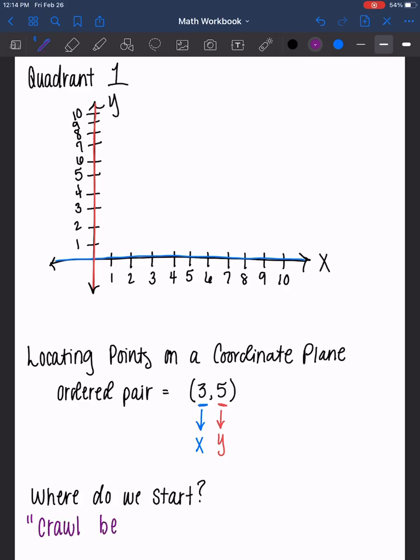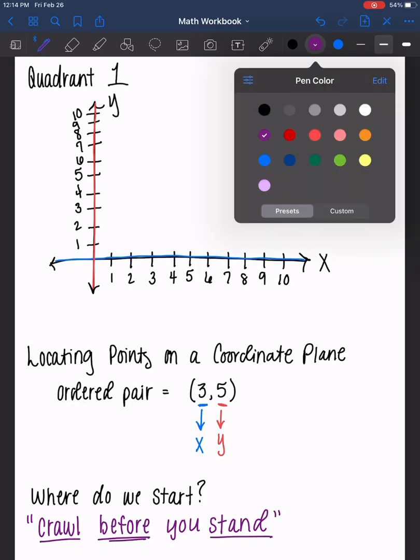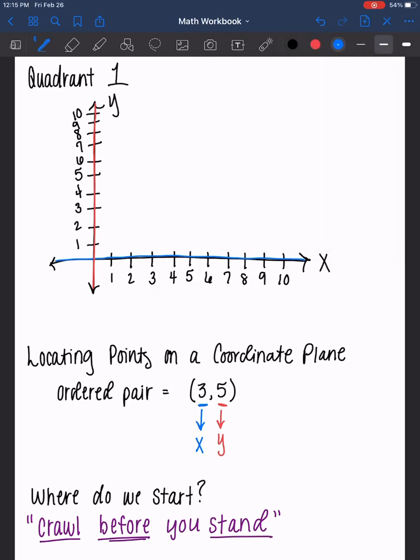Well, I have something that I want to help you remember where to start. What I want you to remember is crawl before you stand. Crawl before you stand. The reason that I want you to remember crawl before you stand is because it's going to help you with figuring out which points you need to find first and second.